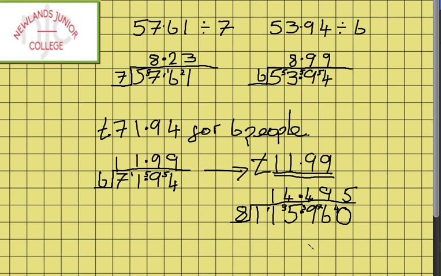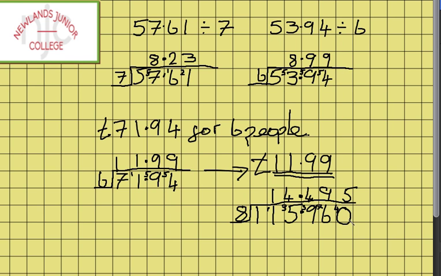Now, is that your final answer? Well, no, because remember the question was to the nearest penny, how much would each person have to pay? And this goes back to your skill of rounding. Your answer in this case will need to have 2 decimal places because we're talking about pence. To round correctly, we need to look to the number to the right of that.